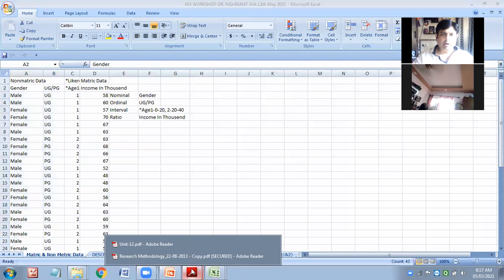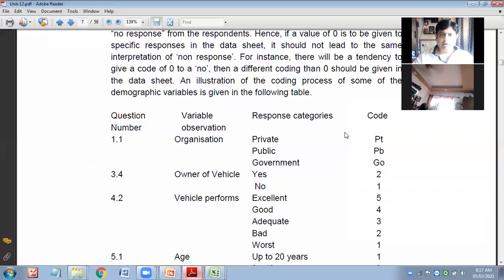Here also they are asking a question on private, public or government. These are non-metric. Any data which does not have numbers is known as non-metric data.